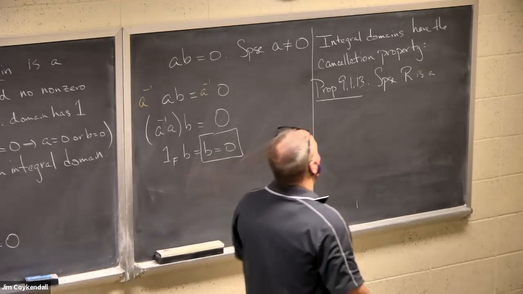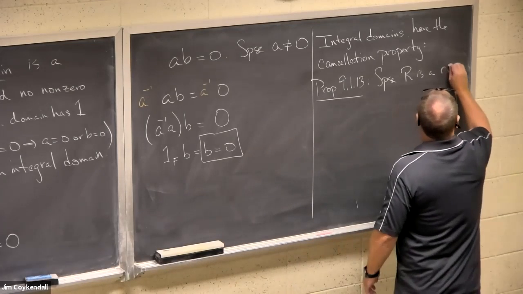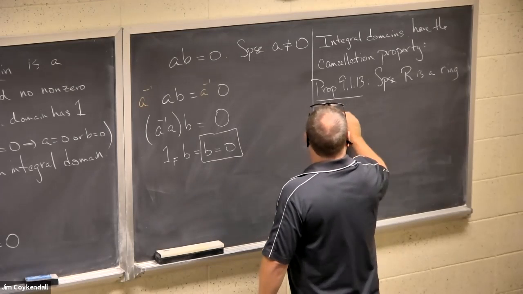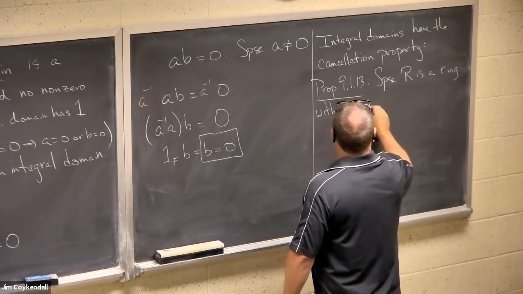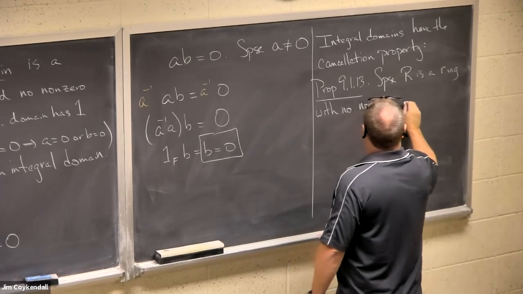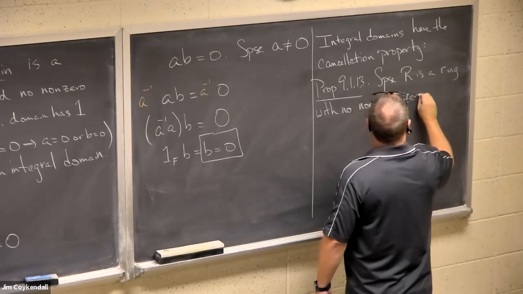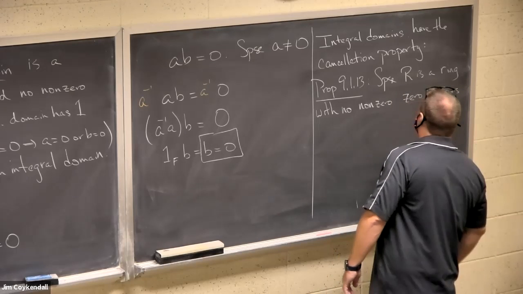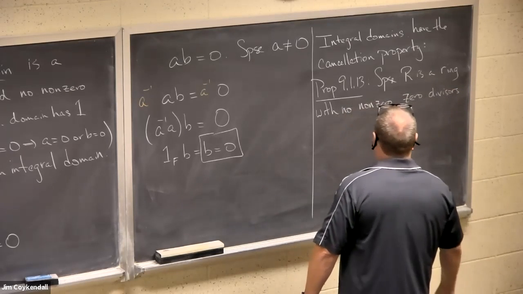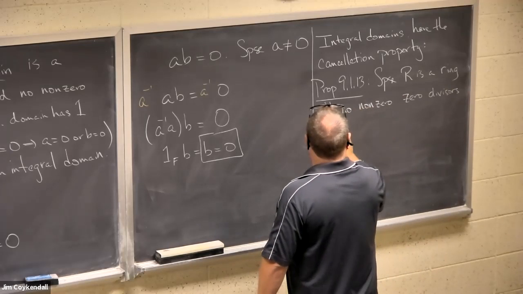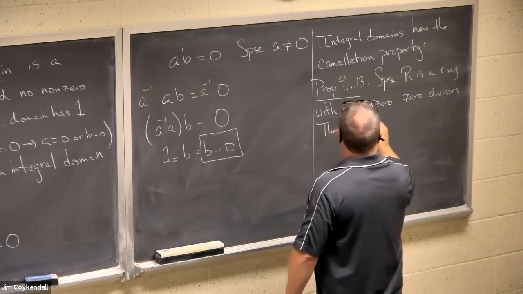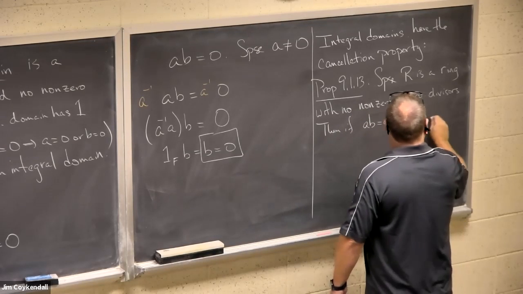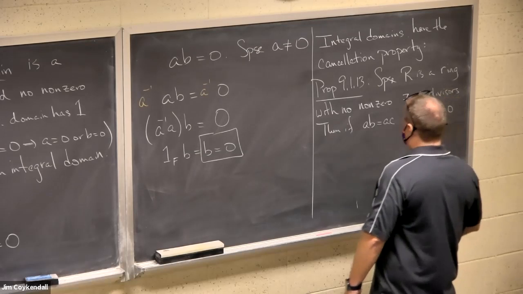Suppose R is a ring with no non-zero zero divisors. Then, if AB equals AC, and A is not zero, then B equals C.